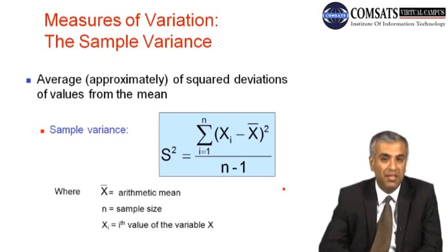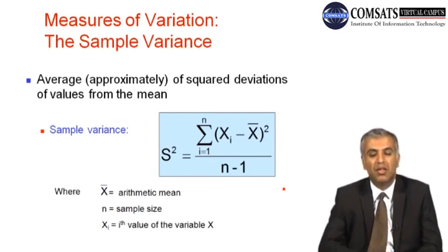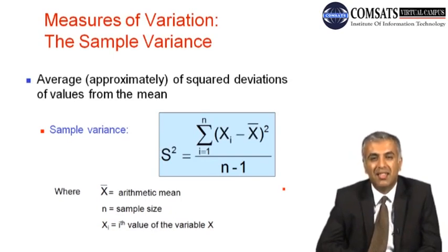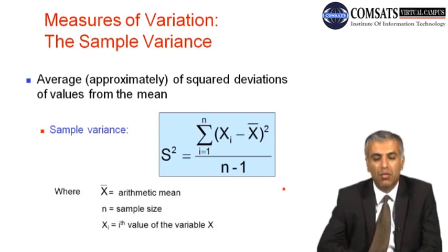It's quite different, because sample properties are different, and that's why statistics simply deals with samples, not with the population. That's why we have a different notation for population variance and a different one for sample variance as well.